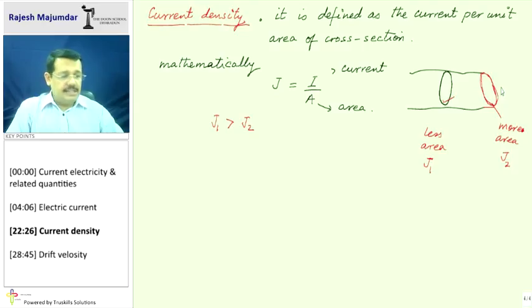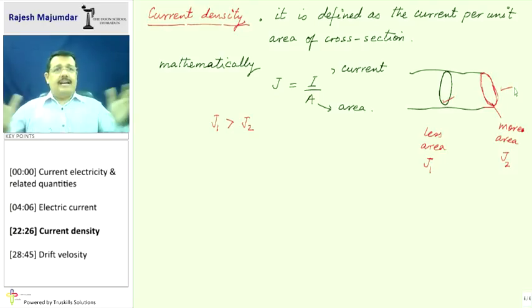Because the area is more over here. So in this way, we can always, in comparison, tell exactly, if there are two wires or two cross sections, where there is more density of current, less density of current, and so on. So this is how a different kind of measure is done with the help of current density. So this is one very interesting aspect.